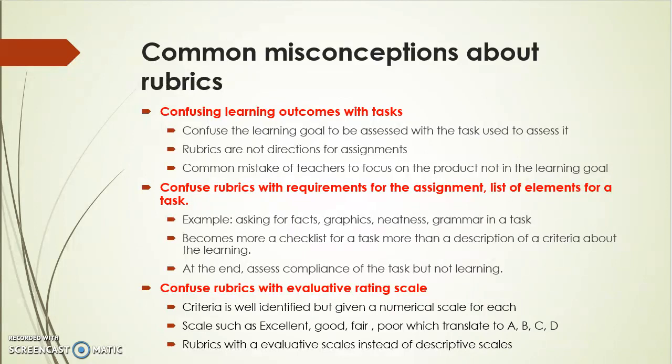So these three basic misconceptions are like bad habits that at some point we all have done, and it's because we don't focus on the main thing, that is the learning goal, the learning objective that we have for each lesson. For example, if we want a student to learn to describe something, and to work on writing descriptions, we cannot use a rubric to define only the task of describing a house.